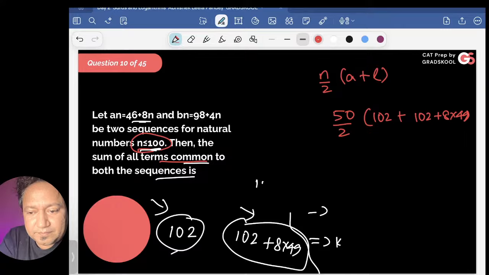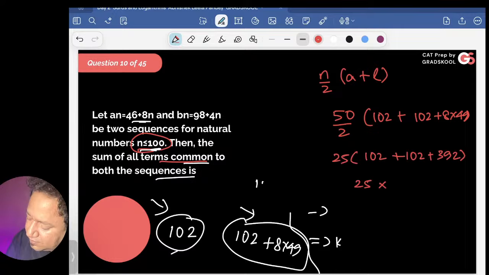Is it 14,900? 25 into 204 into 596. Just multiply this and get the answer. 14,900 is what you get.